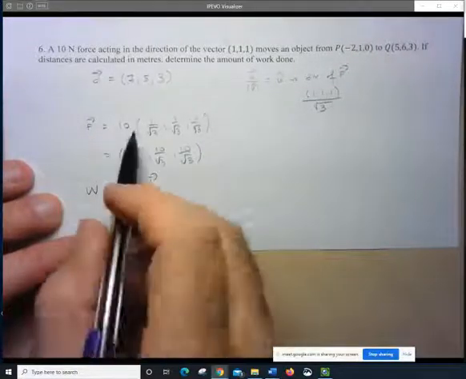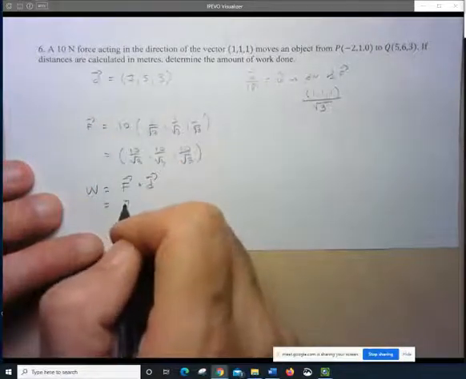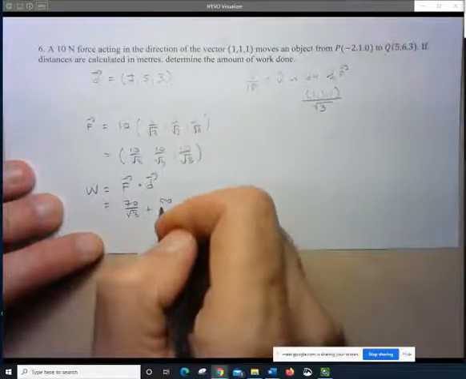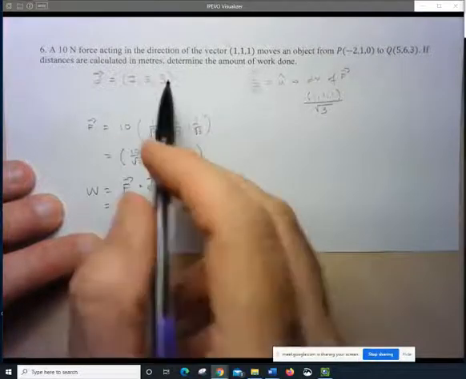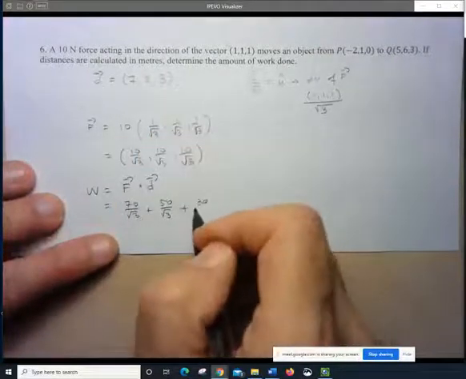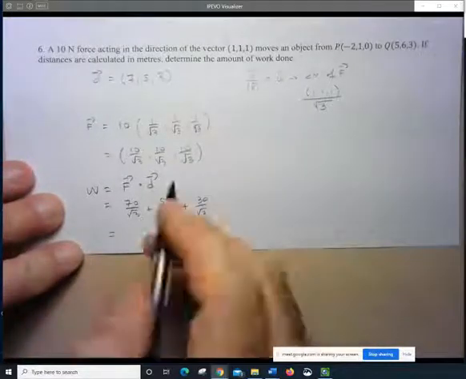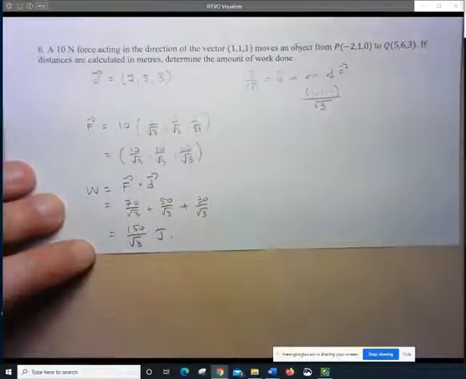I'm not going to bother writing that out since we have it here. So what's that going to give us? It's going to be 7 times 10 over root 3, 70 over root 3, plus 5 times 10 over root 3, 50 over root 3, plus 3 times 10 over root 3, 30 over root 3. So this is equal to 150 over root 3 joules.